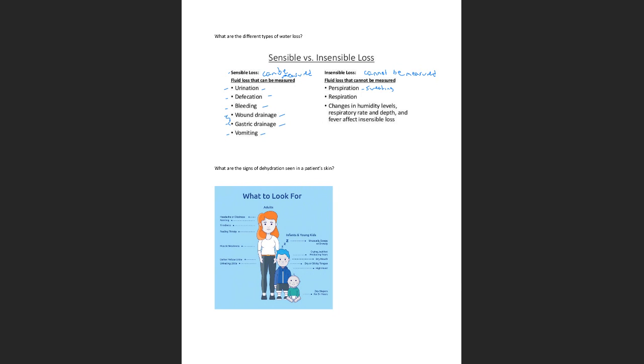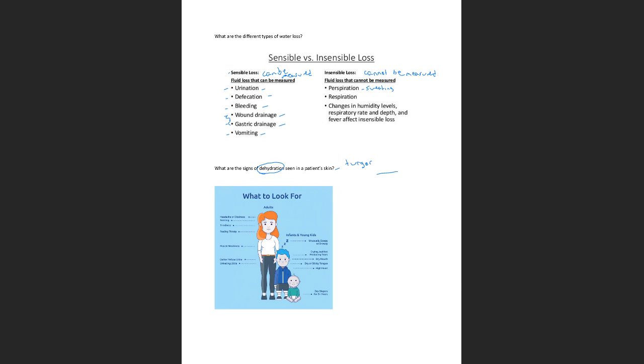So if we lose too much water, this leads to dehydration. Some signs to look for, especially since he's asking specifically about a patient's skin, what they test for is turgor. This is basically the elasticity of your skin.